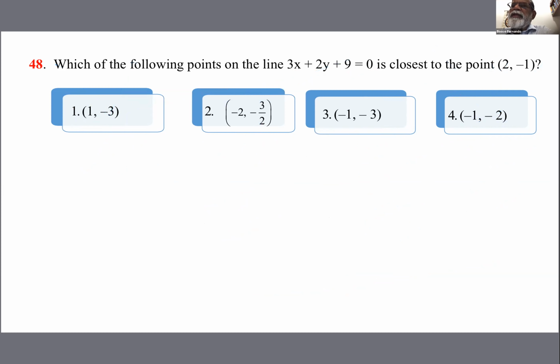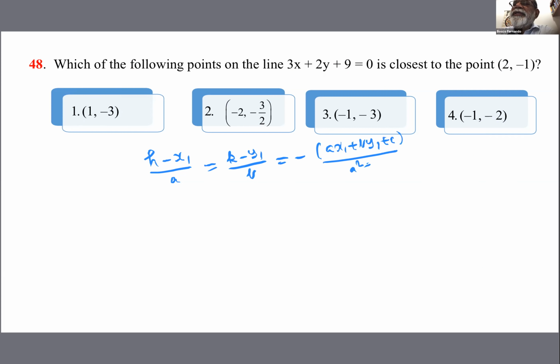Okay. What is the systematic method? We have a formula: (h minus x1) by a equal to (k minus y1) by b equal to minus of (a x1 plus b y1 plus c) by (a squared plus b squared).